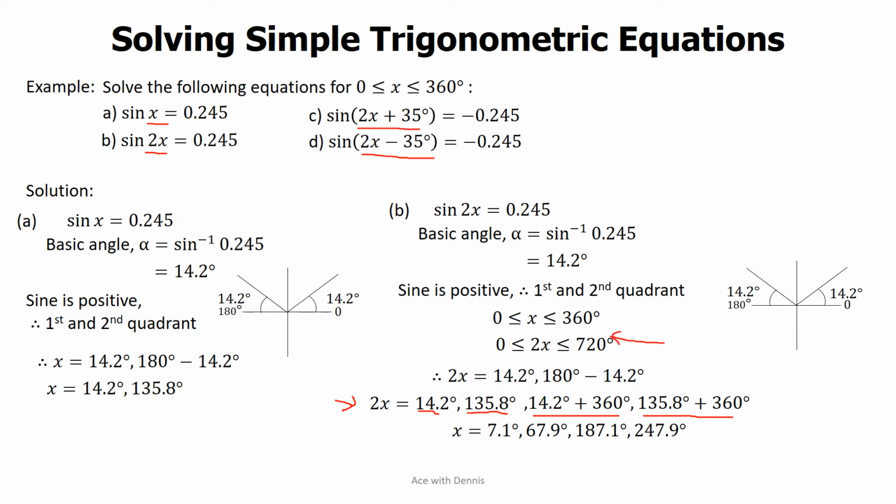And when all the answers are divided by 2, in this case 7.1 degrees, 82.9 degrees, 187.1 degrees, and 262.9 degrees, all of these must be between 0 to 360 degrees. Okay, if any of the answers are out of the range, then you can reject the answer.